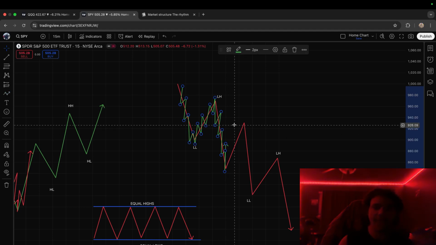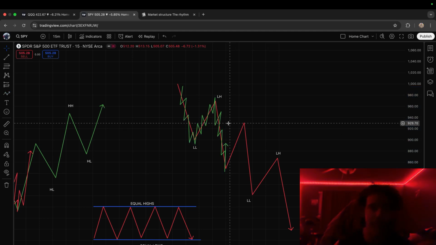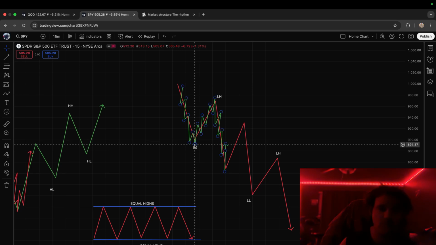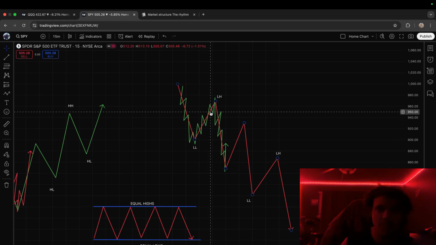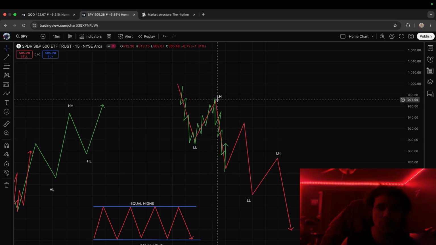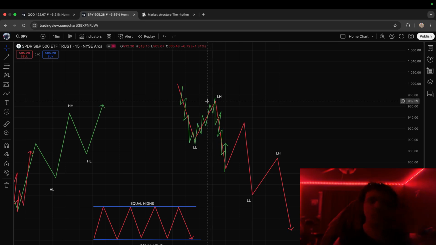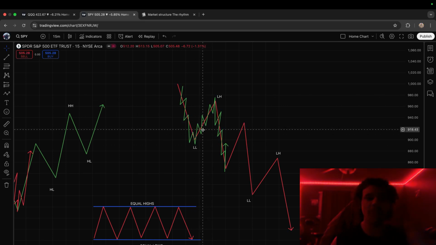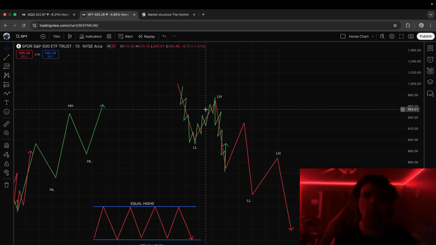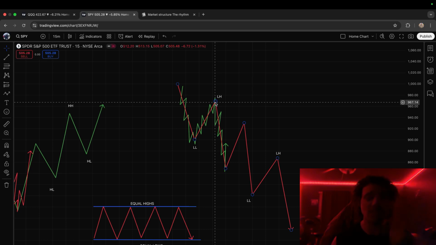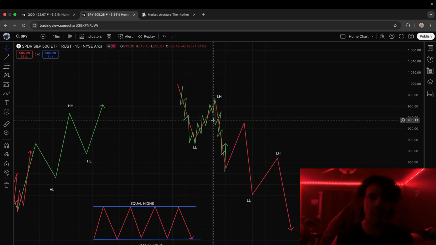So you can trade the pullback in the actual trend, right? So you can ride this uptrend up, and we will get further on to that. You can ride this uptrend ultimately up to your fair value gaps or your order blocks, where you know price is actually going to continue that large move down, right?